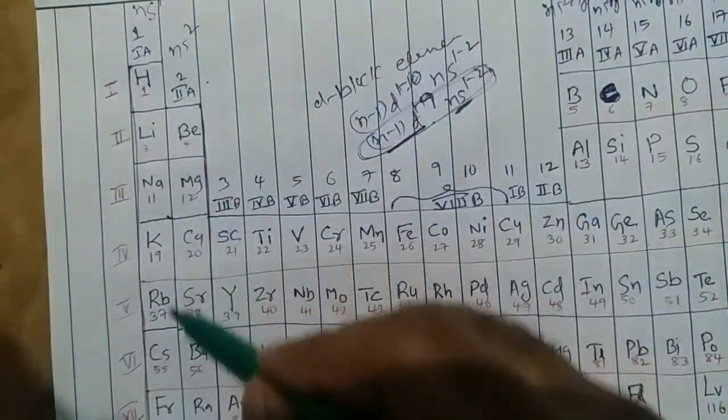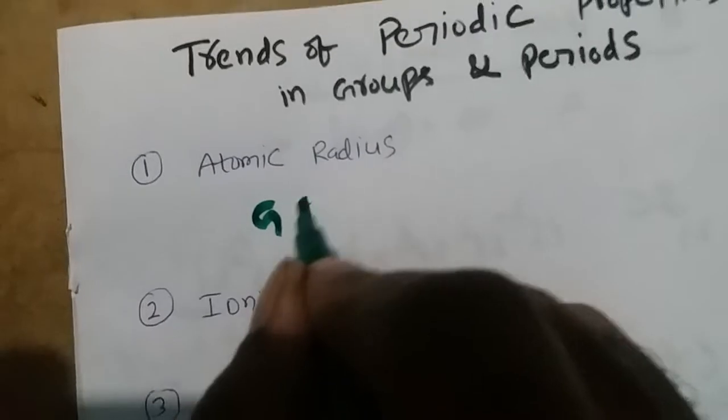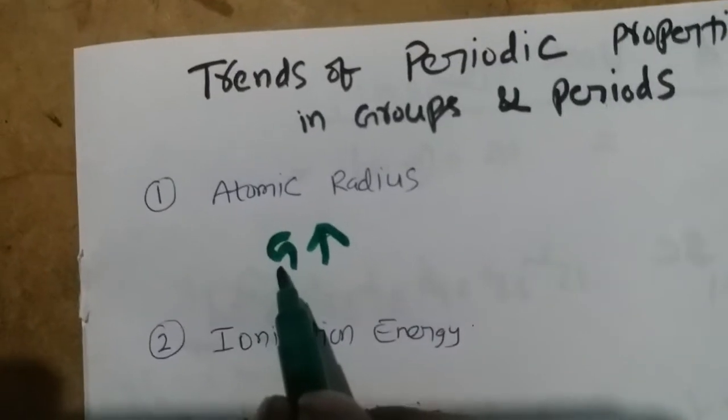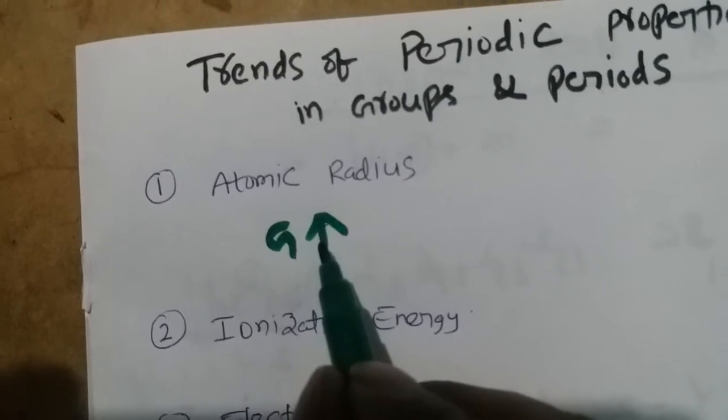As size increases from top to bottom, in groups atomic size will be increased. G means groups, and the upward arrow marks that it is increased.